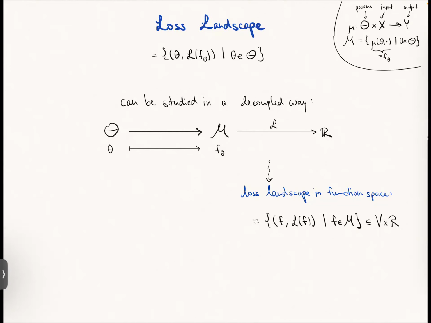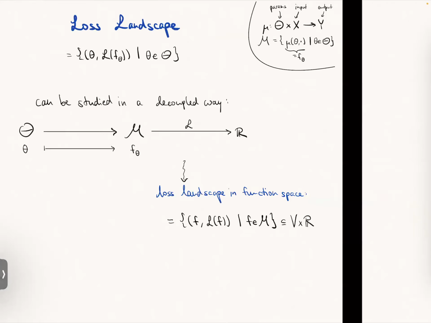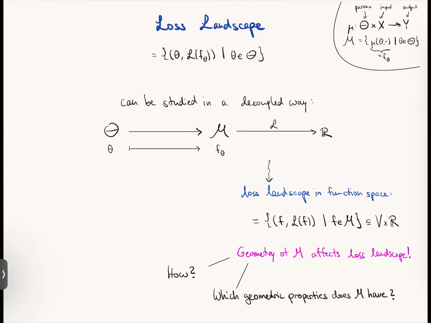And from this perspective it is apparent that the geometry of this neuromanifold is going to drastically affect the geometry of the loss landscape.